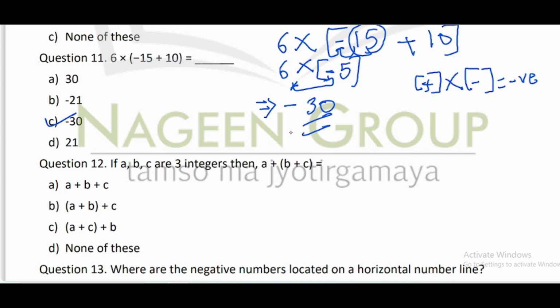The integer 6 has a positive sign, multiplied with the symbol of 5, that is negative, so positive into negative is negative. Then we multiply the numerical value, 6 into 5, that is 30. It means the right answer is minus 30, and the right option is part C.